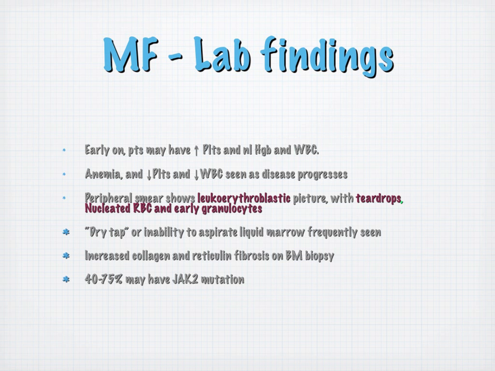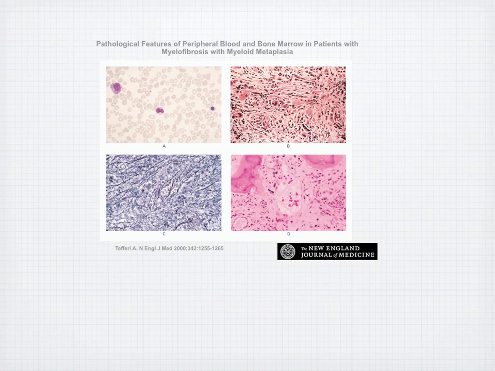And you might see something called a dry tap, or an inability to aspirate liquid bone marrow if you were to send the patient for a bone marrow tap. And then increased collagen and reticulin fibrosis is seen on that bone marrow biopsy. 40 to 75% have the JAK2 mutation. Here are some pictures, pathologic features of peripheral blood and bone marrow in patients with myelofibrosis and myeloid metaplasia.